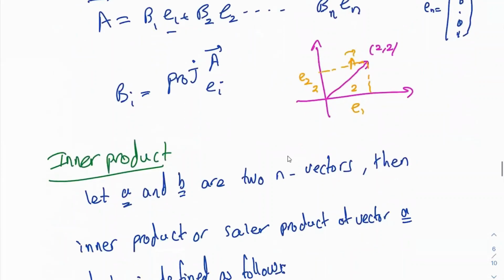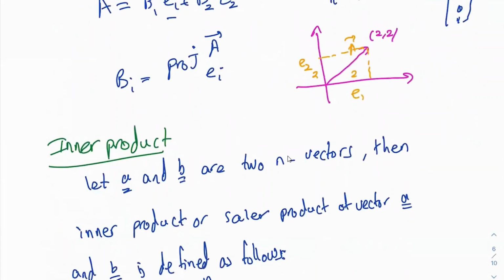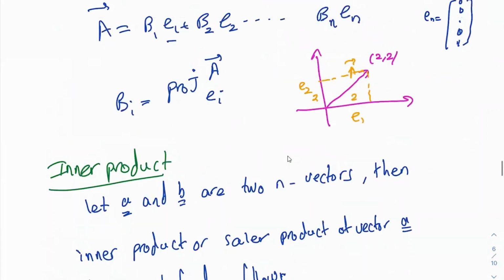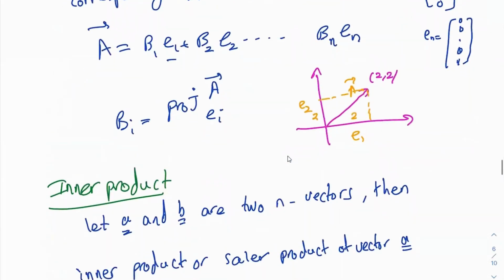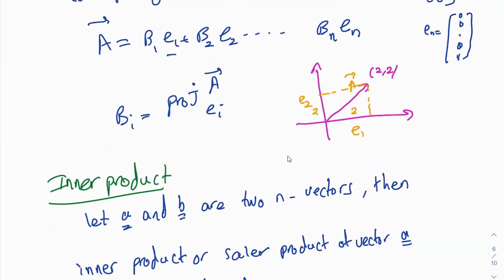It's a very important concept that you can represent any vector as a linear combination of the basis vectors. We don't want to go through that, but the unit vectors are basis vectors because they are first independent. Of course, they are orthogonal to each other, they're independent, and they can span the whole n-dimensional space.